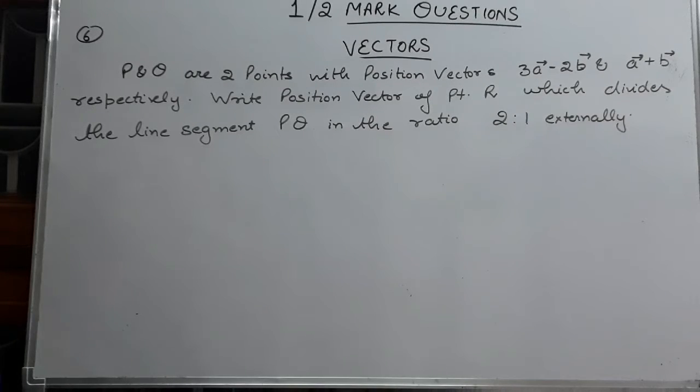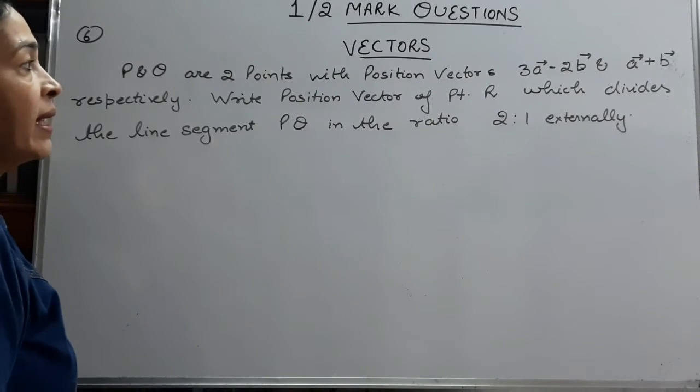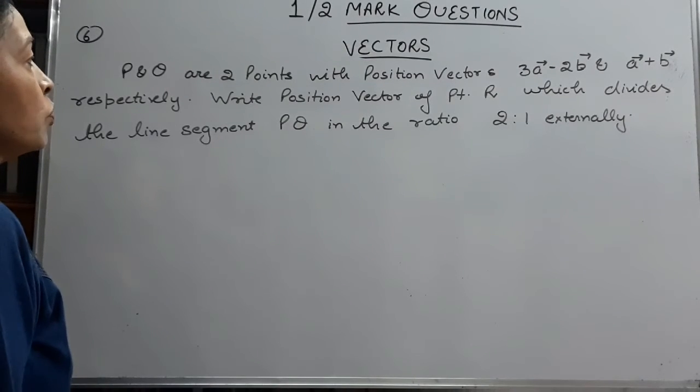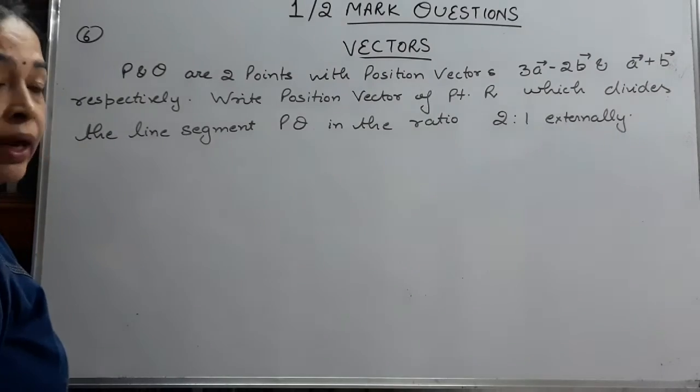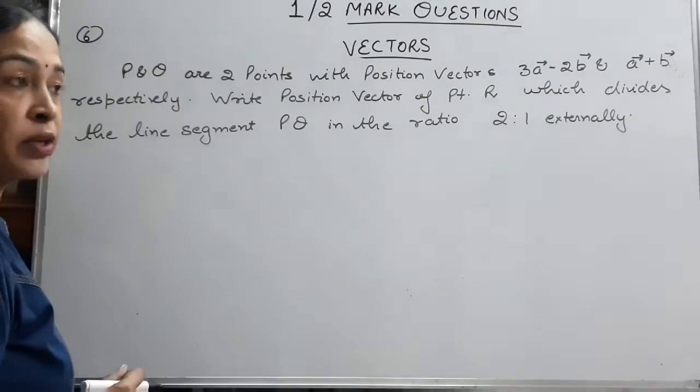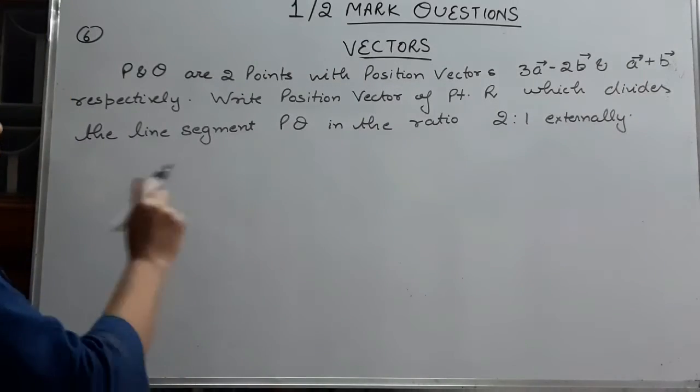P and Q are 2 points with position vectors 3 vector A minus 2 into vector B, and vector A plus vector B respectively. We have to write the position vector of point R, which divides the line segment PQ in the ratio 2:1 externally.